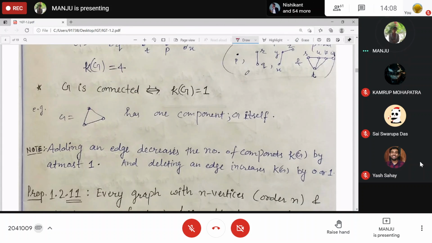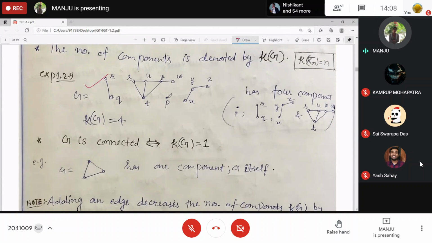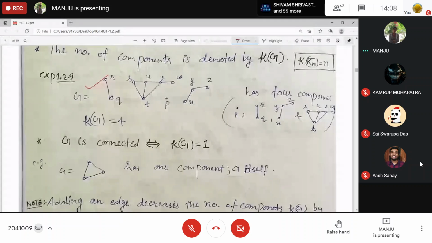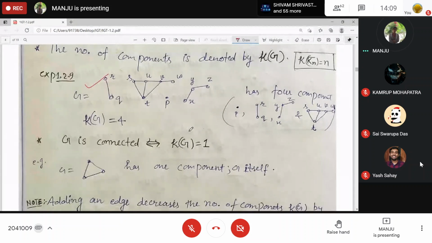This G has 4 components. If I add some edge, will the number of components increase, decrease, or remain the same?